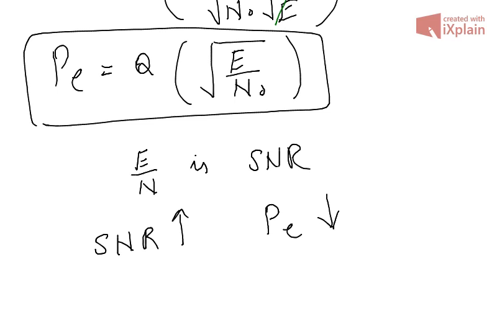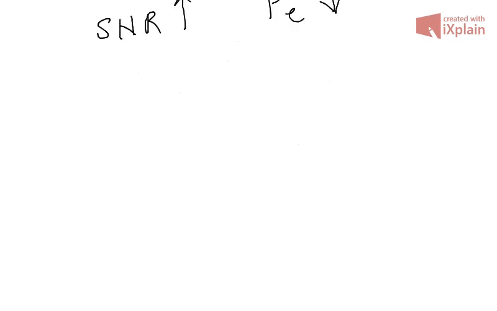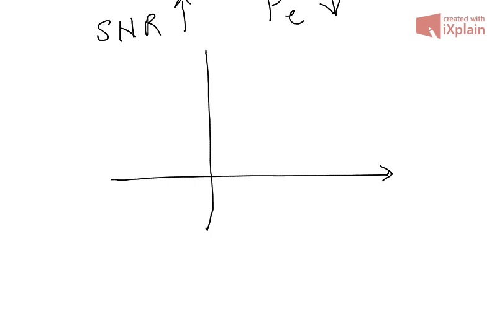If you plot this for different values of SNR for orthogonal signals, you will get a monotonically decreasing curve, which is the Q function of the SNR.